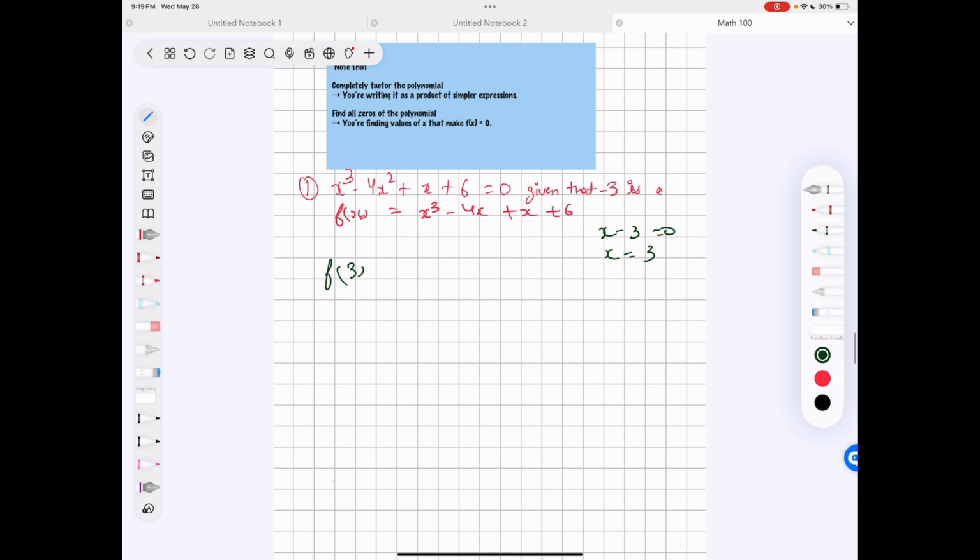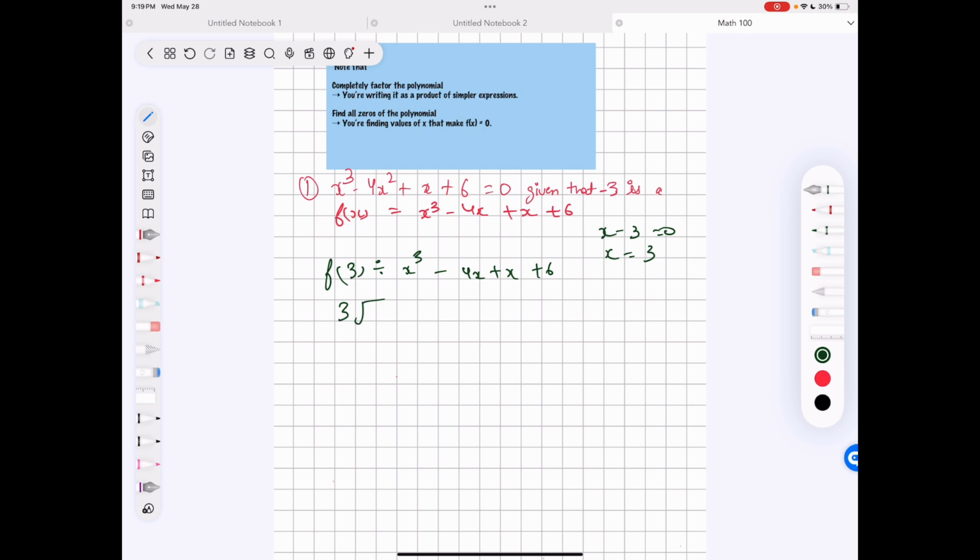The polynomial is x to the power 3 minus 4x squared plus x plus 6. So we'll take 3 and do the synthetic division first.